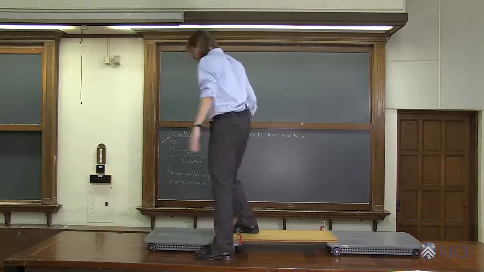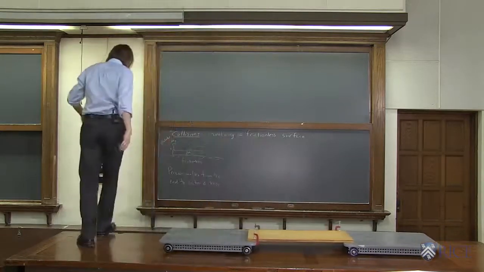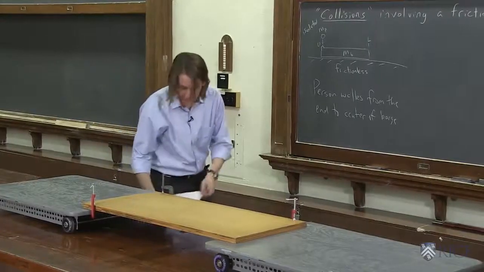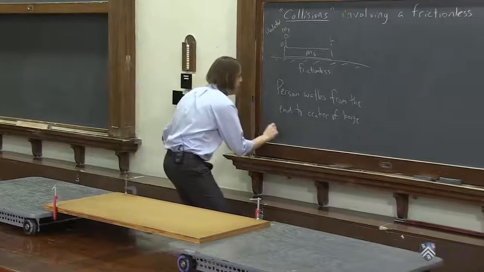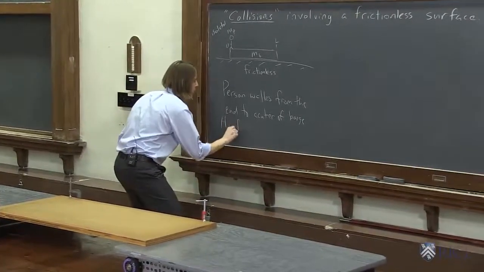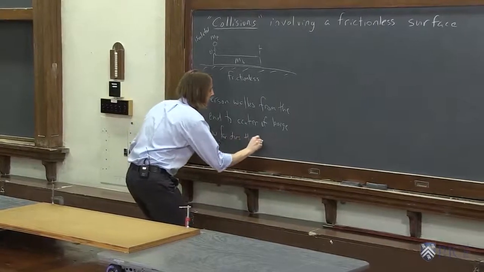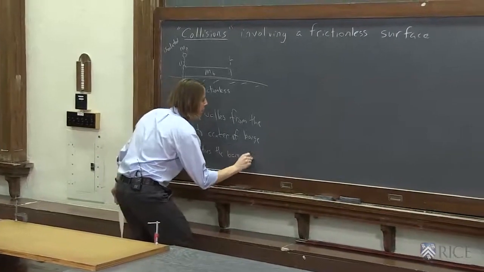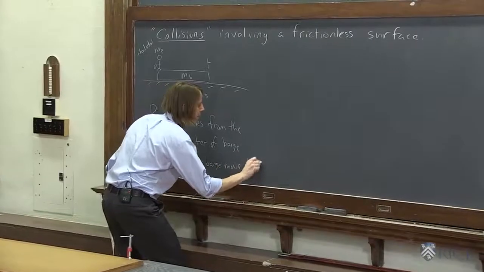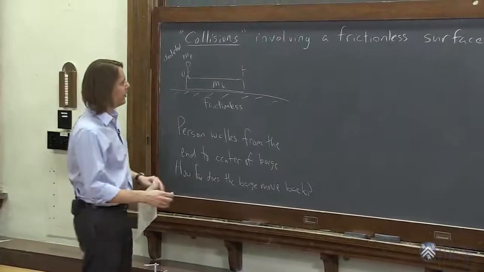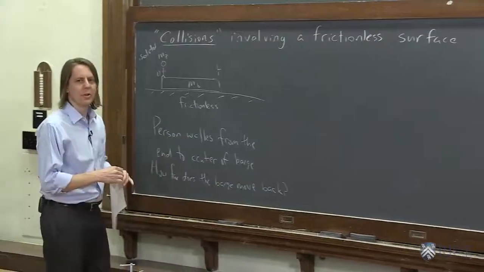So let's now calculate what we expected to happen. We're going to calculate how far does the barge move back? That's really the question. All right, so to do that, we would hope to have an initial and a final state.